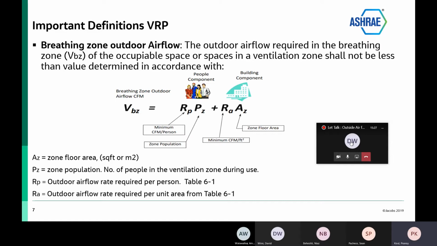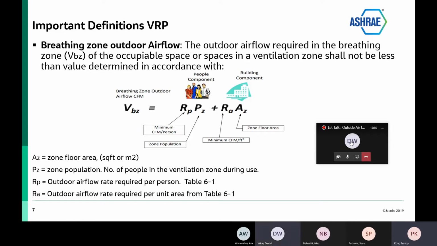When we need to know the breathing zone outdoor airflow, it does not only involve the building components, like the systems, electronics and gadgets you put in your buildings, but it also entails the people component: how many, what's the occupancy, and what are they doing at a particular time of the day. That complete information is needed in order to determine the breathing zone.